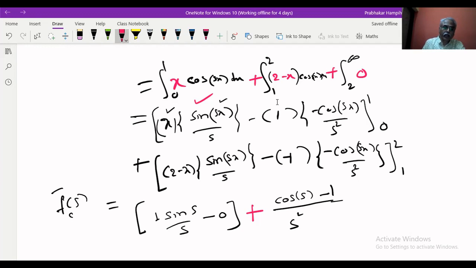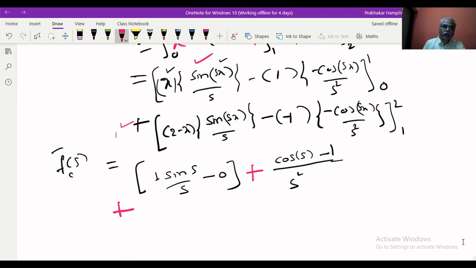Now again a big plus. When you substitute the upper limit here, 2 minus 2, it is 0. Come to the lower limit 1, 2 minus 1, okay, minus of the lower limit: 2 minus 1 is 1, x equal to 1, sine s by s.